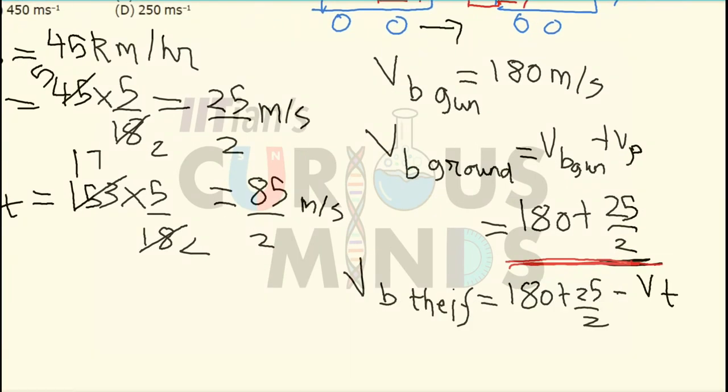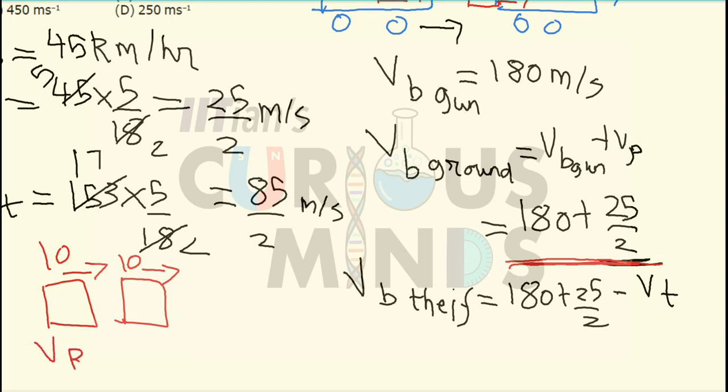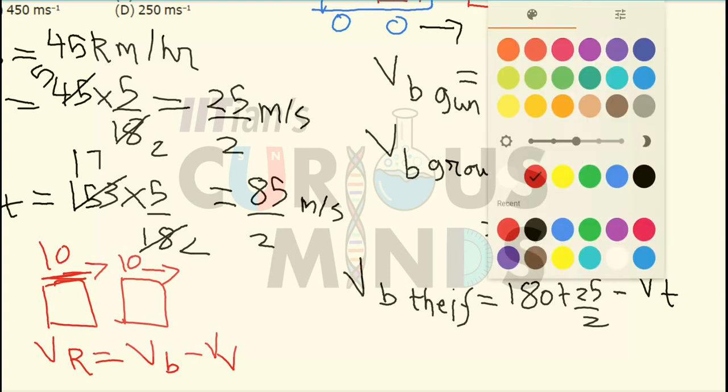Why have I subtracted this? Let us assume a bullet and a car are both moving with a velocity of, say, 10 meter per second. With respect to each other, both are not moving. So to find the relative velocity, we subtract the velocity of the vehicle from the velocity of the bullet. I will use the same logic over here.